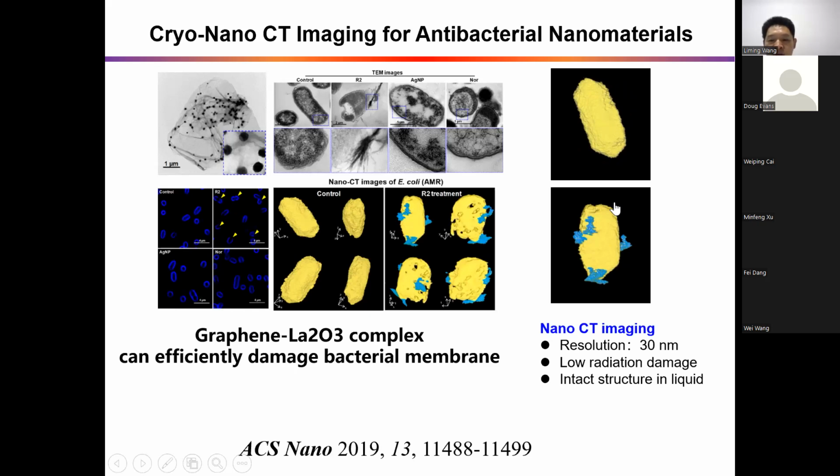So nanomaterials have an advantage to damage the structure of bacteria. So in this work, we developed a nanomedicine that can target the cell wall of the bacteria and damage the structure. From nano-CT, we can image that the inner content is released and the structure is damaged by the particle.